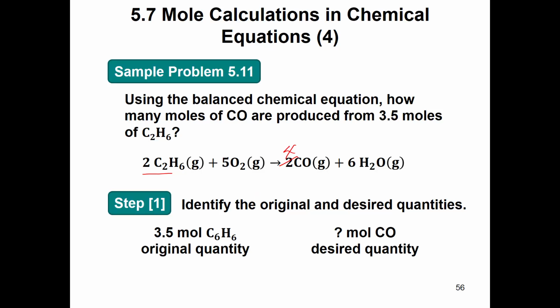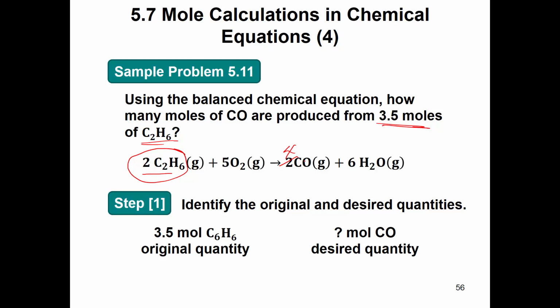Okay, so when I look at this, I'm given 3.5 moles of C2H6. The way this is written, 2 moles is going to give me 4 moles of CO, but I'm only given 3.5 moles.